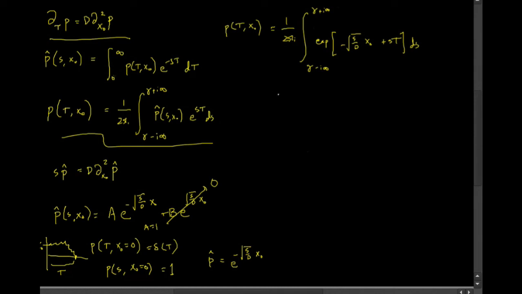So if I draw a picture of what we're trying to do in the complex plane, this is the real part of s, and this is the imaginary part of s. Well, we want to do our integral over some contour that looks like this, right? Where it's offset from the imaginary axis by amount gamma, and we want to go from negative imaginary infinity to positive imaginary infinity. We're going to want to close this contour and then use the residue theorem to evaluate what the contribution from this leg of the contour must be.